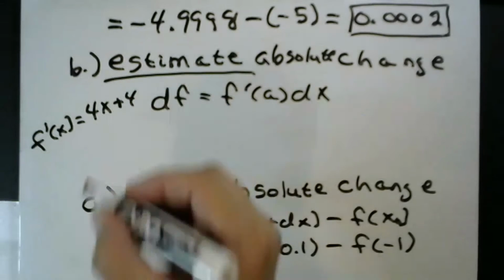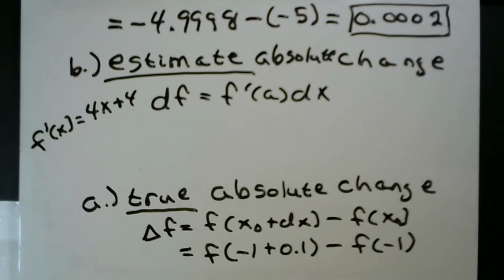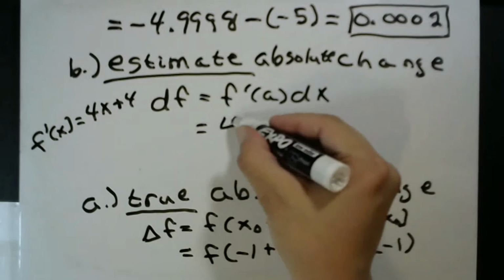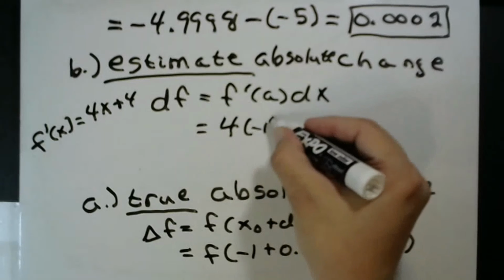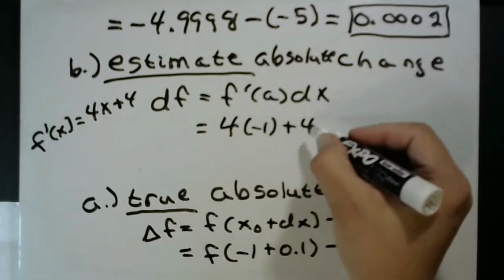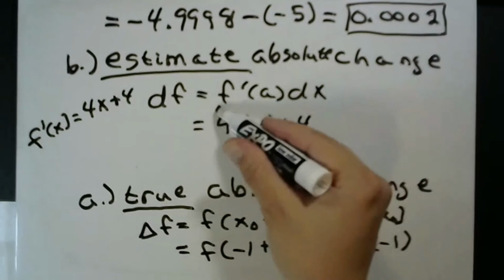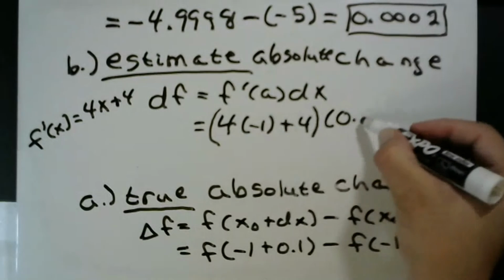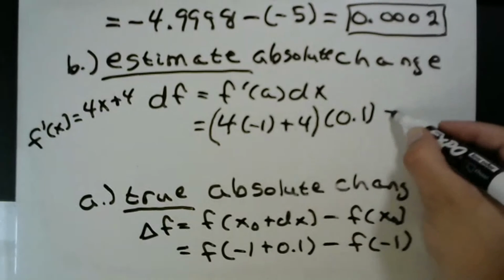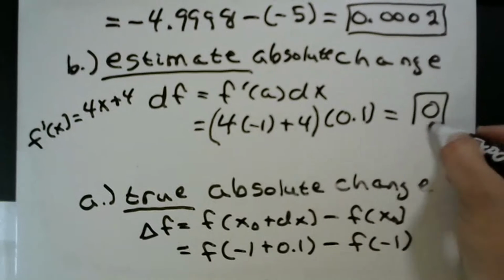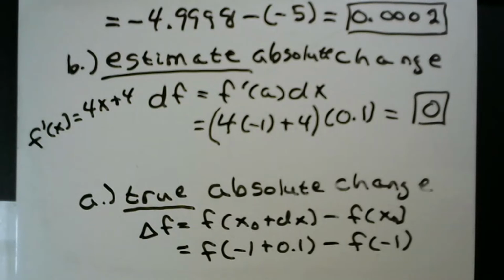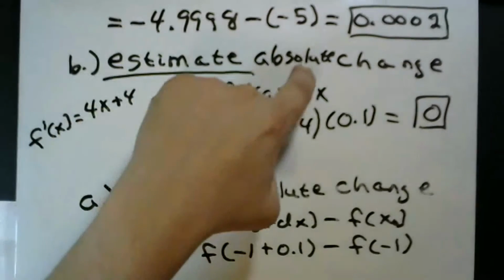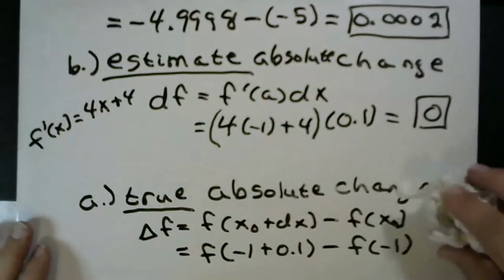Oh, sorry, plus 4. So that means df will be 4 times -1 plus 4, because that's our x0, times dx. And what you'll get from this is 0. So funnily enough, the estimated absolute change is, well, there's no change, it's 0.